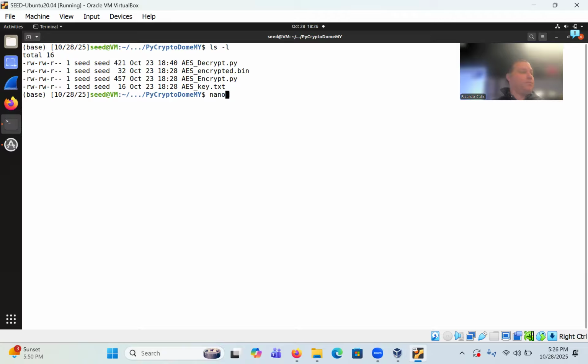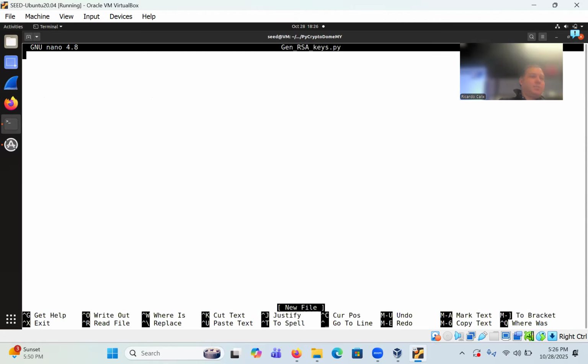nano gen RSA keys.py. Okay. Since we're using PyCryptoDome, we just use the library. So from Crypto, notice now instead of AES, I'm going to use dot PublicKey. Notice this K is uppercase.